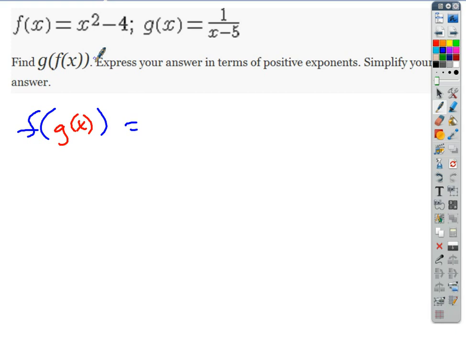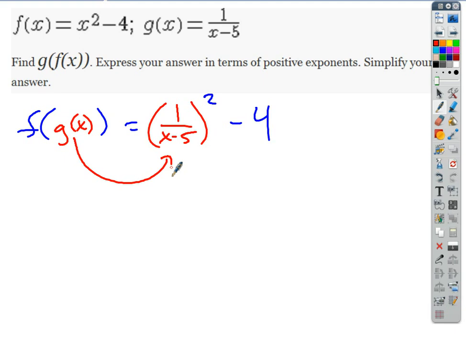So if it's a g of x, then I'm just going to have g of x squared minus 4. Does that make sense? Okay, because this is g of x, and that's what I do to it in f. When I feed the f function something, it squares it and then subtracts 4.